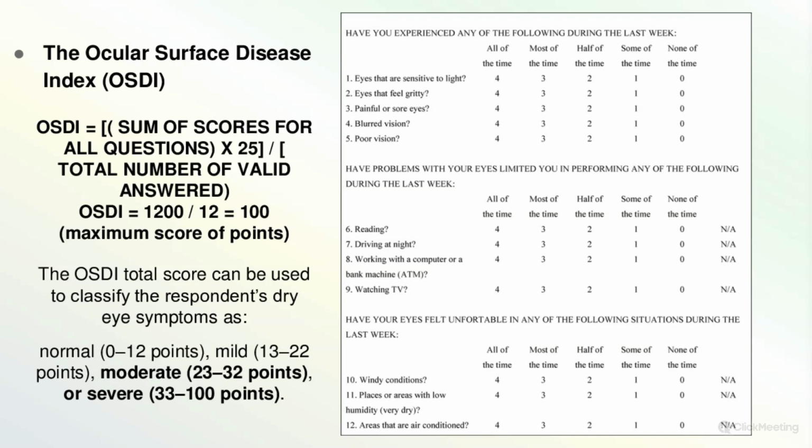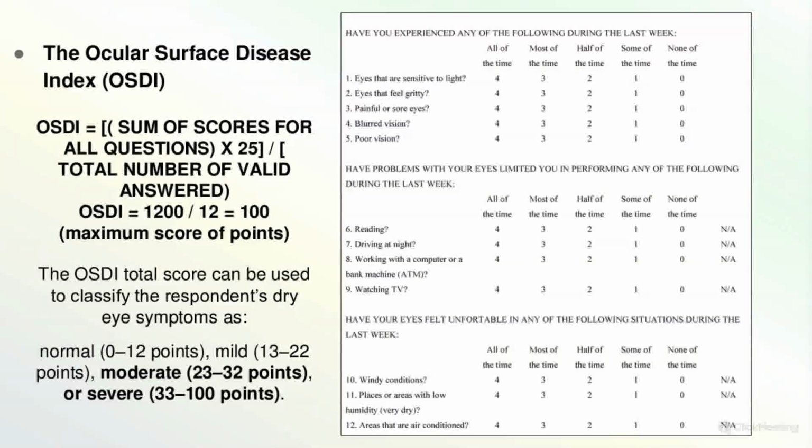It's one of the popular questionnaires. You can also find it on the internet. It's called the Ocular Surface Disease Index. This questionnaire includes 12 questions, which are subdivided into three groups. The first group contains questions about the ocular symptoms of dry eye disease. The second is about ocular symptoms when patients are watching TV or reading a book.